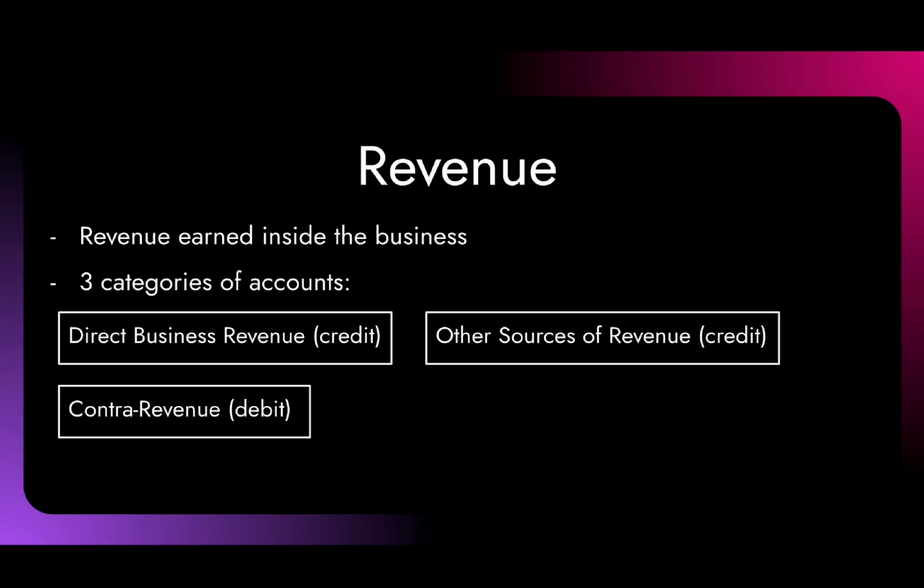And then you have your contra revenue category, which serves to register discounts and returns. And notice that your contra revenue is a debit category, meaning that it actually reduces your revenue, thus your equity, thus it can be in some ways thought of as an expense.